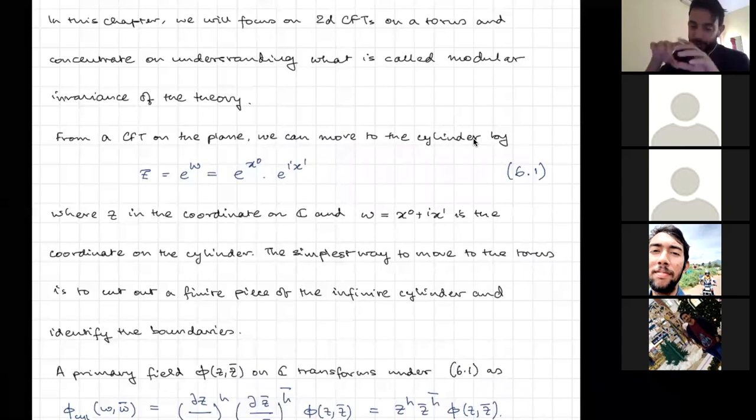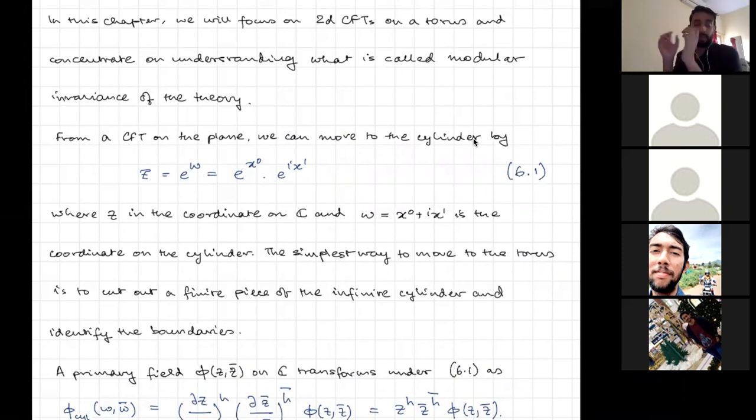So in order to get to this donut shape, first you form a cylinder, and then you identify the ends of the cylinder. You know the mapping from the plane to the cylinder. Suppose you look at a finite section of that and you identify its ends, then you have got what you wanted. So that's what we will do.